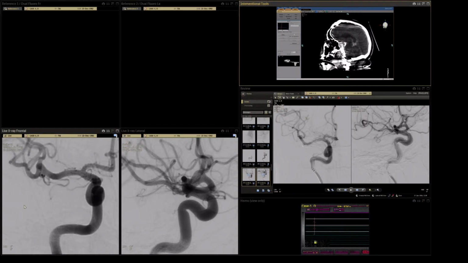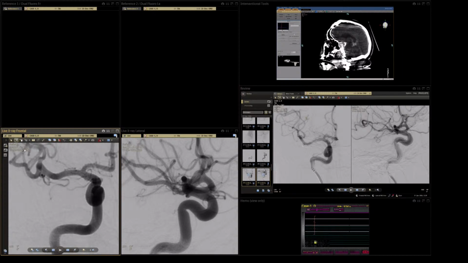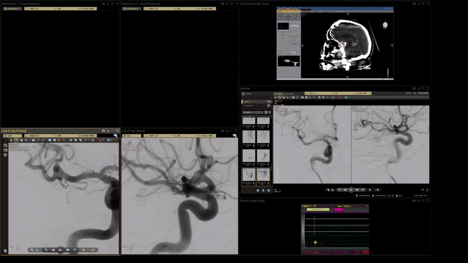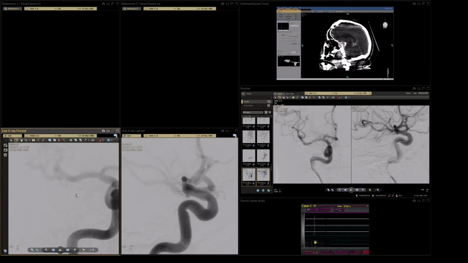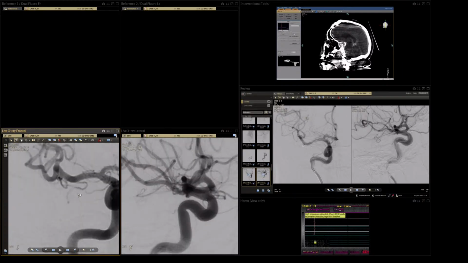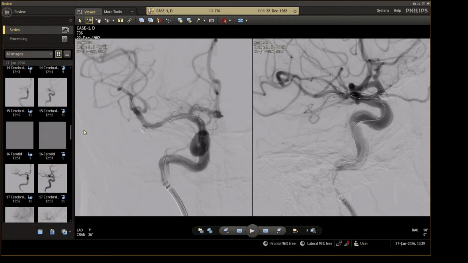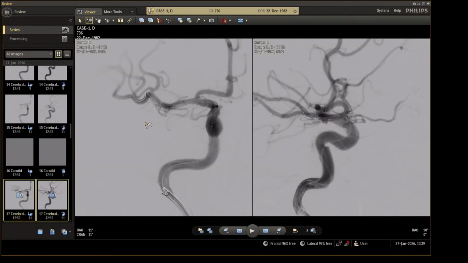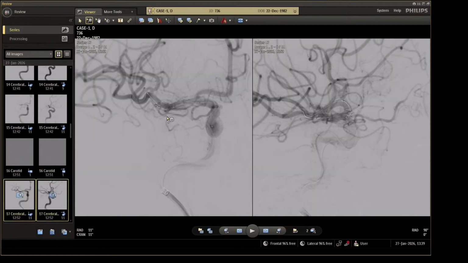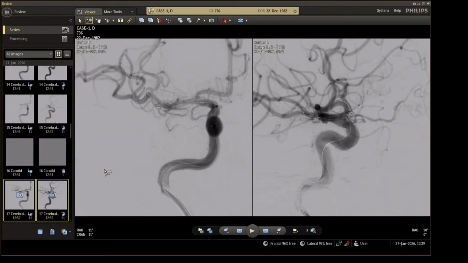Maybe this was aneurysm, huh? This point. No, it wasn't. It's just a branch coming like this. At this point it was bleeding.